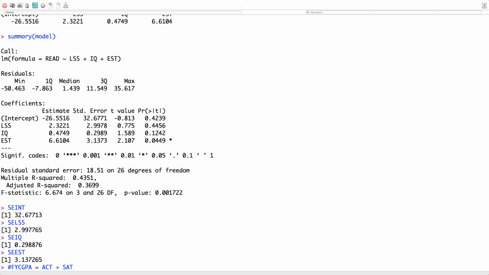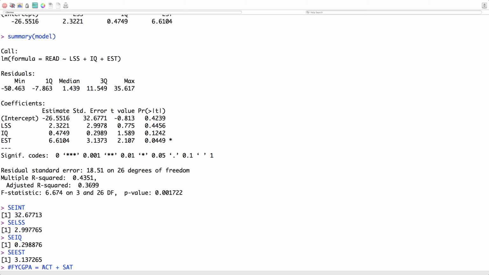Now, the interpretation of these coefficients at the end of the day is controlling for the other one. If we increase SAT or ACT, whichever one we're focusing on, by 1 unit, the beta coefficient is the change in the first-year college GPA.